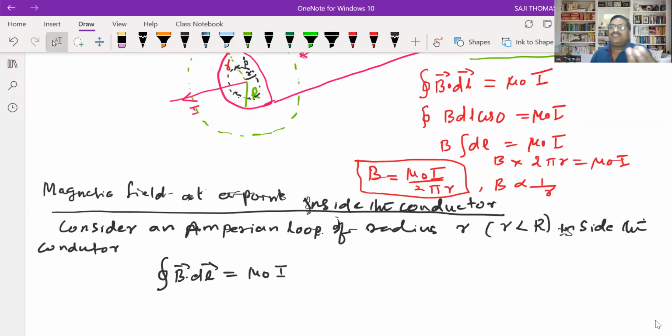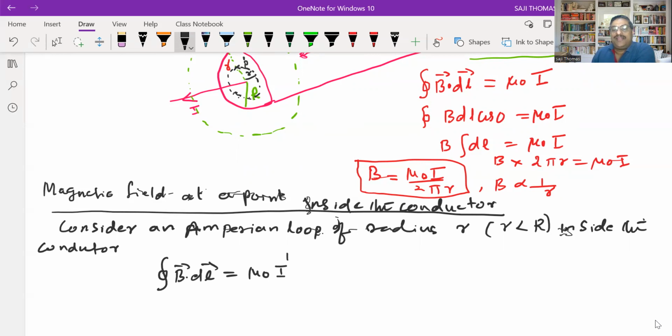But you can see, for this smaller loop, the area will be less. So the current through the smaller loop will be less. We have to find the current passing through that smaller loop. So I put this current as I dash. What is this I dash? The current passing through that smaller Amperian loop. That we have to find out now.